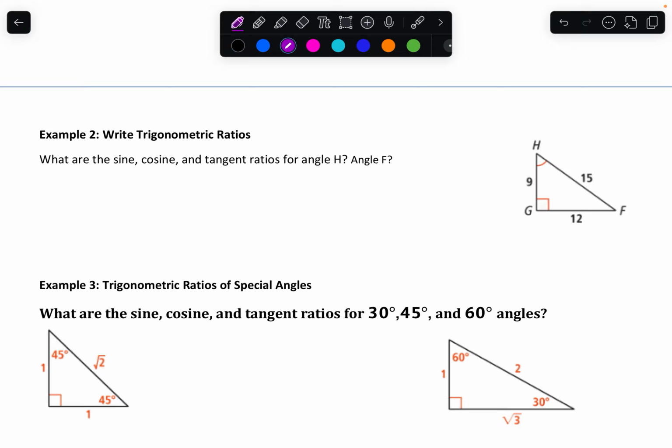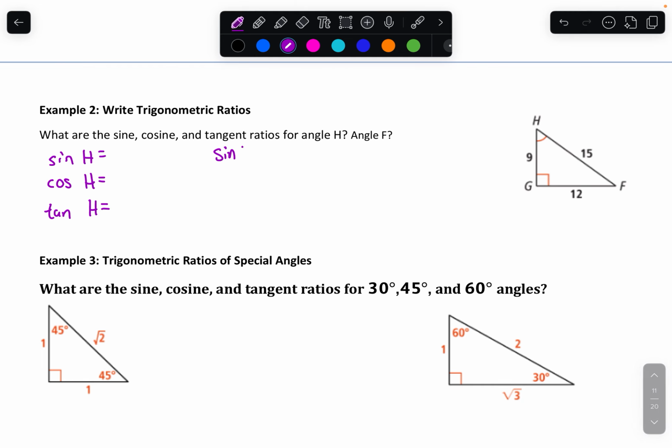So I'm going to go ahead in here, and I'm going to write in the sine ratios for H, the cosine of H, and the tangent of H, as well as the sine of F, the cosine of F, and the tangent of F. And so for each one of these, we're going to figure them out.